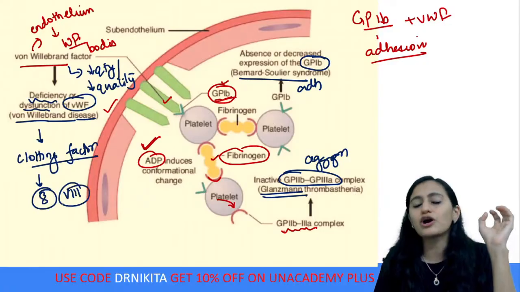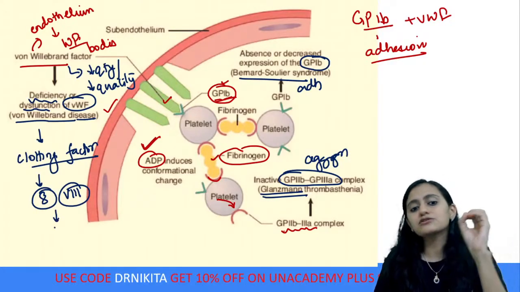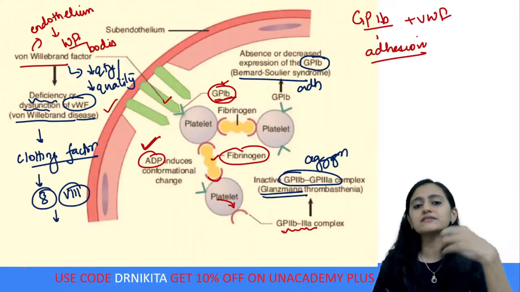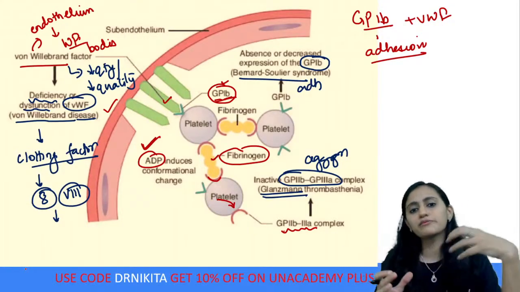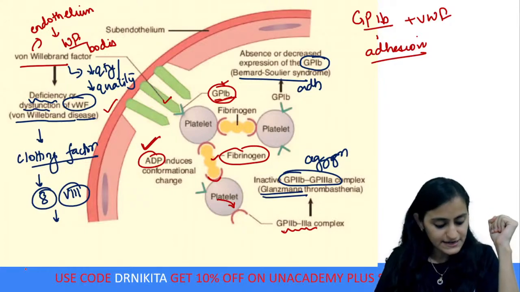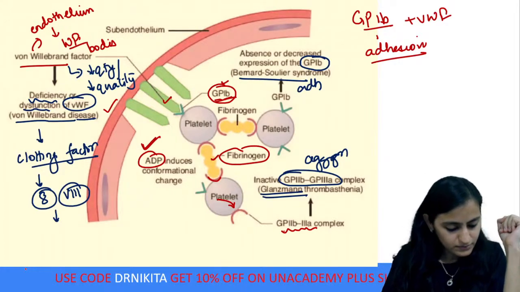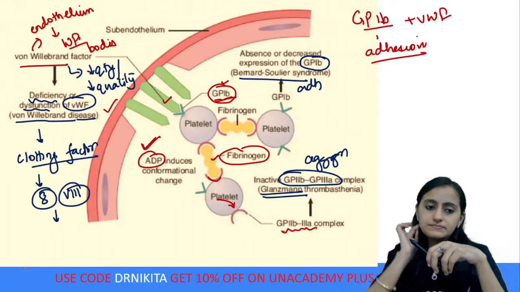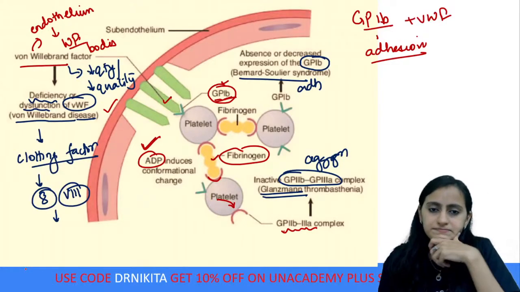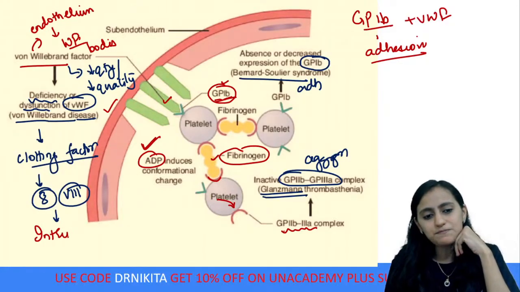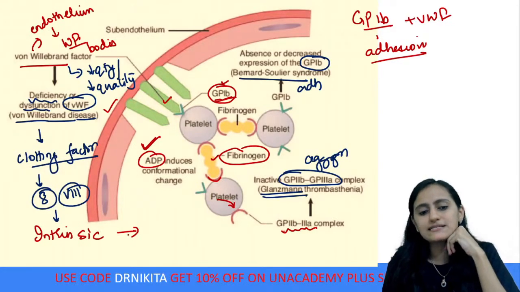It is required for clotting factor 8. Next question. This clotting factor 8, is it your clotting factor in your intrinsic pathway or extrinsic pathway of coagulation? Intrinsic or extrinsic? Very good. It is your intrinsic pathway.